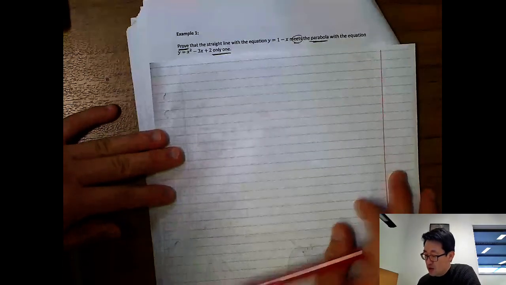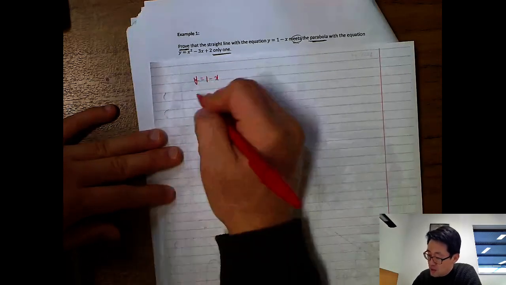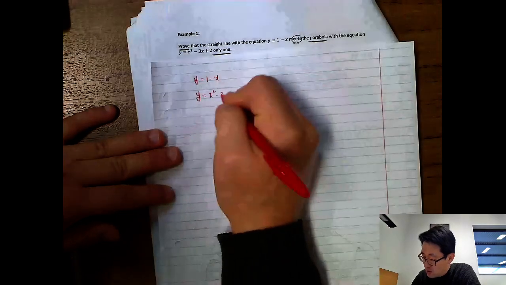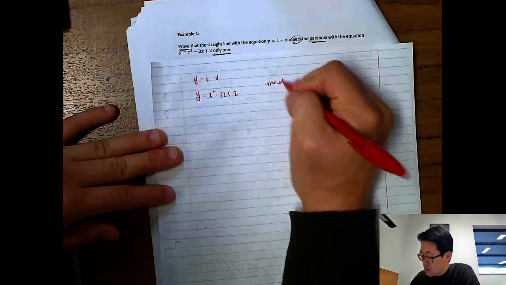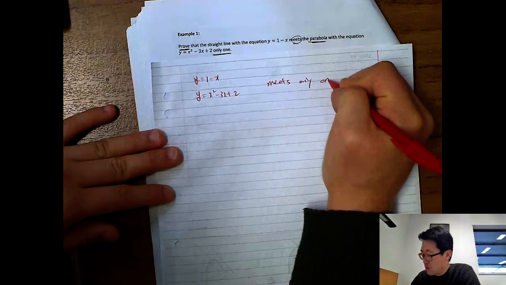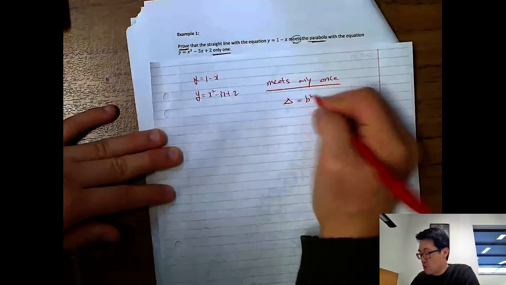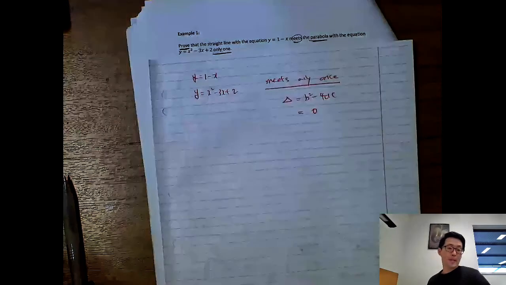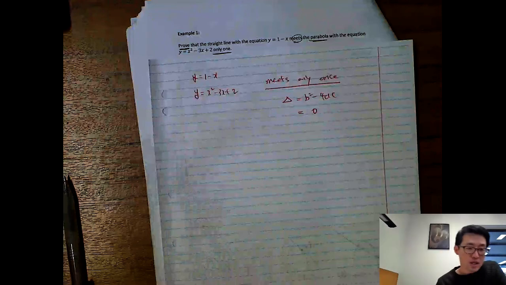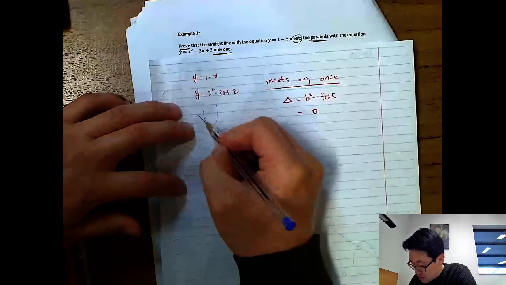Prove that the straight line y equals 1 minus x and the parabola y equals x squared minus 3x plus 2 meet only once, which means discriminant b squared minus 4ac equals 0. So how do we get that? Okay, let's start. We will have something like this.